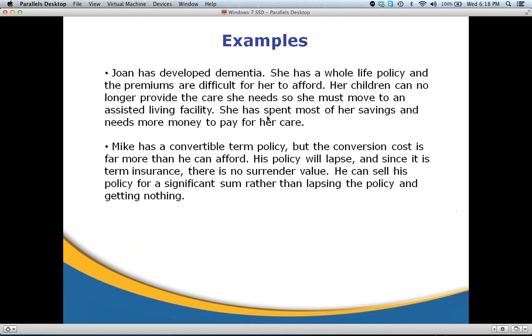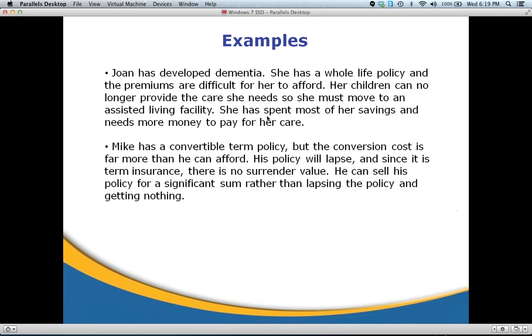Another example is that Mike has a convertible term policy, but the conversion cost is far more than he can afford. His policy is just going to lapse, and since it's term insurance, there's no cash surrender value at all, so he's just going to get nothing. He can sell his policy for a significant sum rather than lapsing the policy and getting nothing.